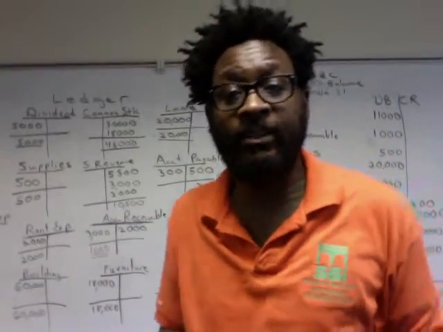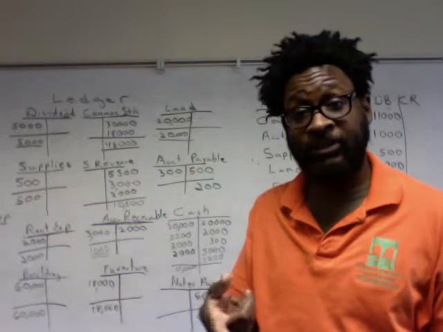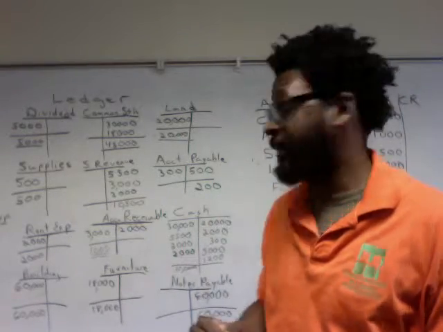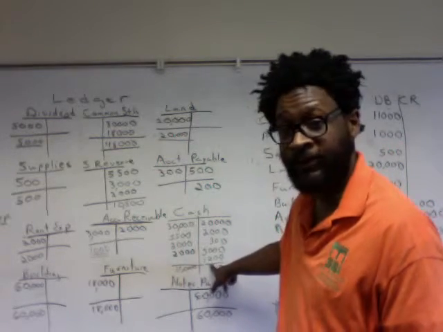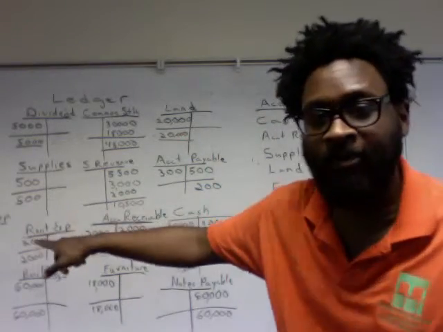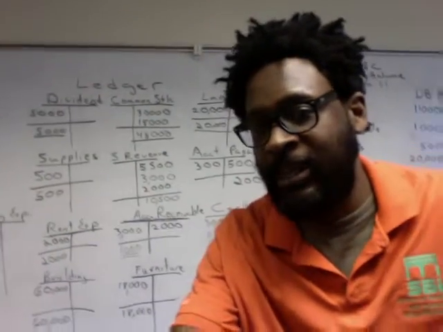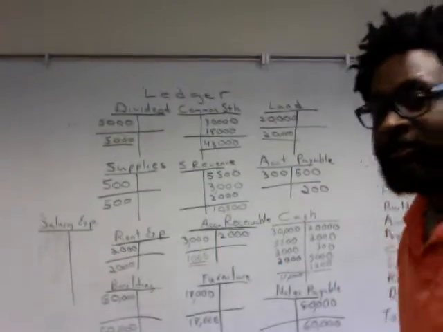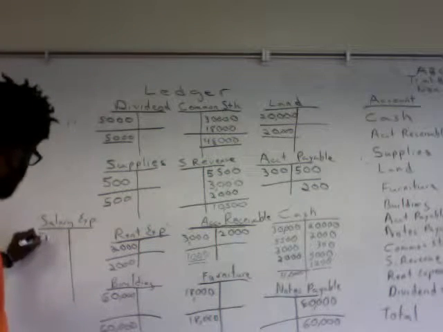Suppose that we paid salaries expense, how would we journalize that transaction? We would debit salaries expense and we would credit cash, right? Keyword is paid. So obviously I posted the $1,200 for a credit to cash, but I did not post the debit to salaries expense. And so that's what I have to do. So I'm going to debit salaries expense for $1,200.